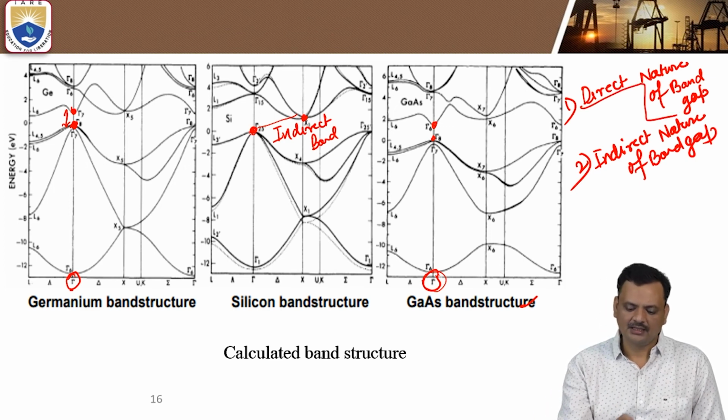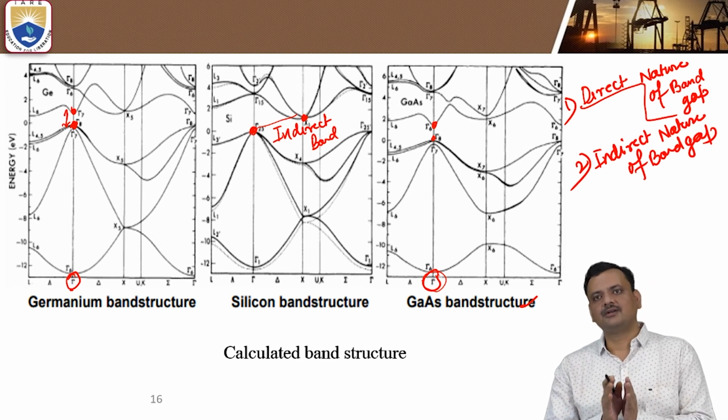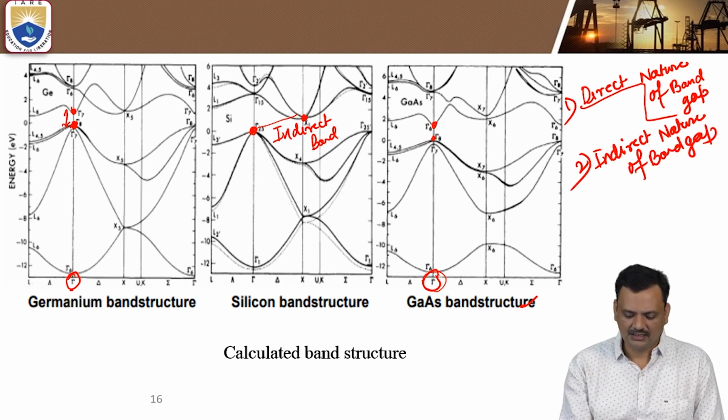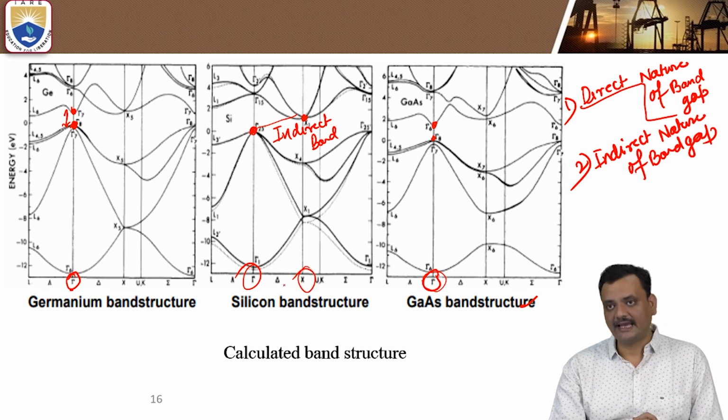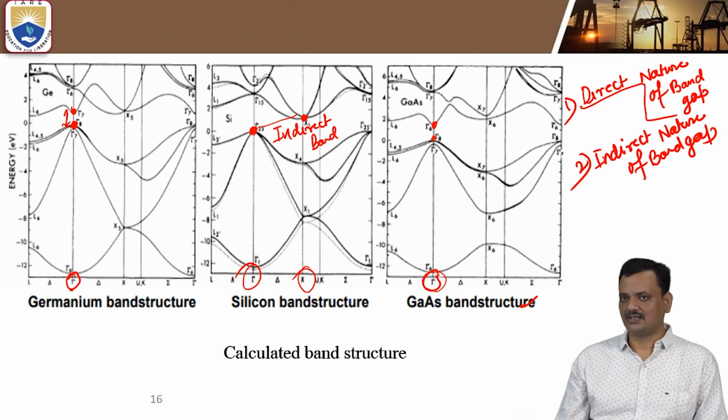And when it deviates from this definition, meaning the top of the valence band and bottom of the conduction band lie at different k points, like in the case of silicon, the top of the valence band lies at gamma, but the bottom of the conduction band lies at X. So this is the example of indirect band gap.